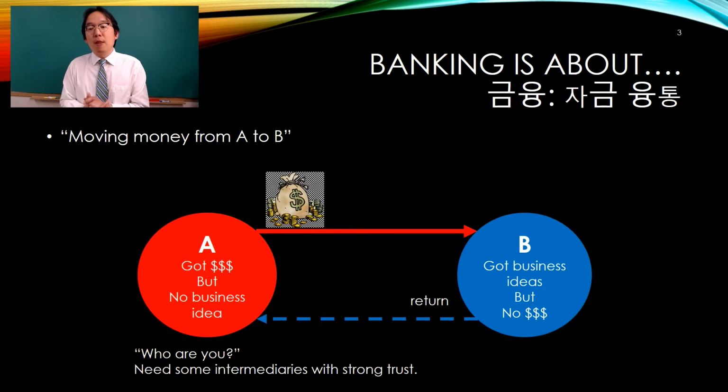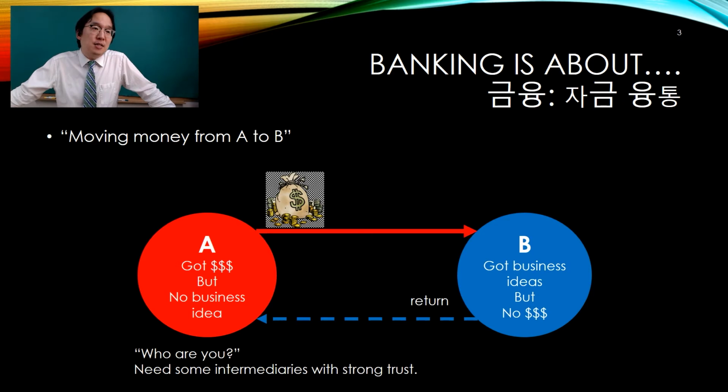easily, okay? But there are some group of people who have many or some positive NPV ideas, good business ideas, entrepreneurs, right? The trouble with them is they don't have money, right?